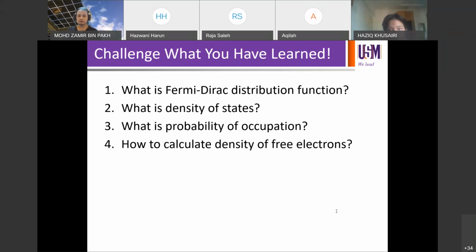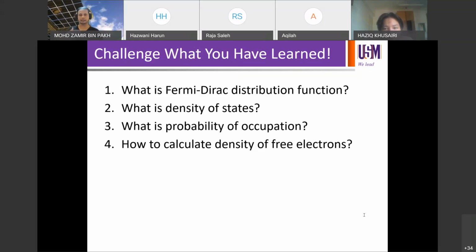So that's the number of allowed states. Just like my analogy last time, you want to know how big the room is so that you can plan how many can go in, right? The size of the room is the number of allowed energy states, or density of states, and how many of you can occupy the room will be the density of electrons, density of free electrons. So you just remember that, then you should be able to translate what the actual meaning is.